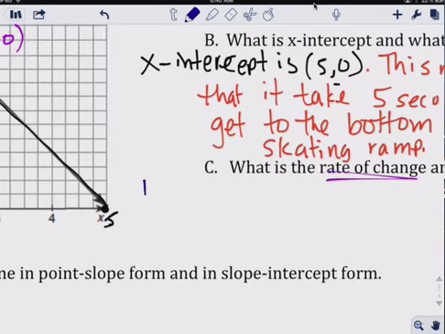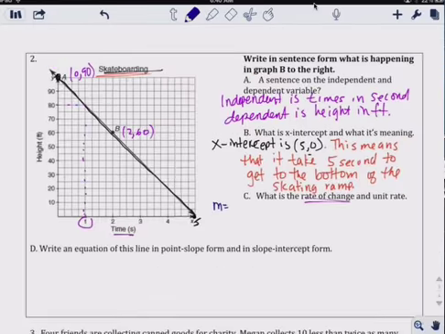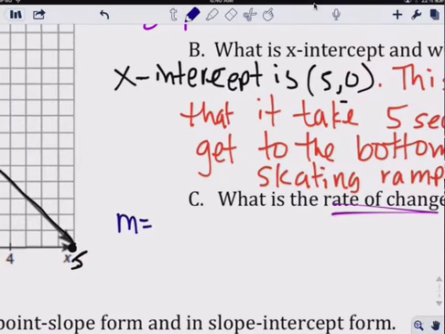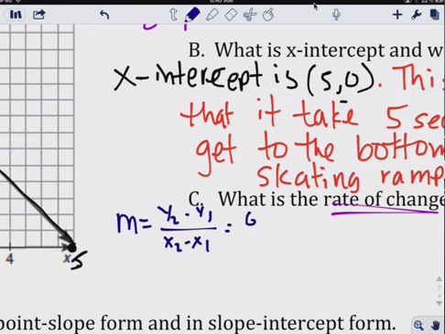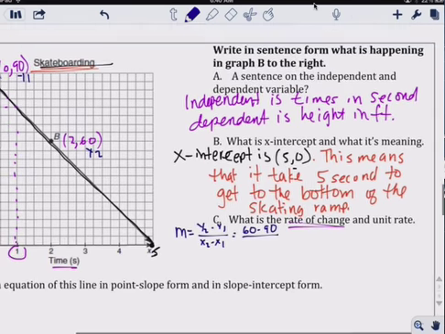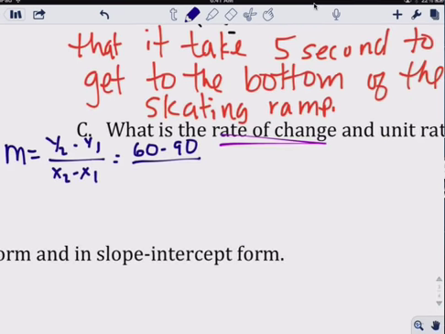So my slope then is equal to y2 minus y1 over x2 minus x1. y2 is 60 minus 90 over 2 minus 0. Sorry, it's x2 minus x1.